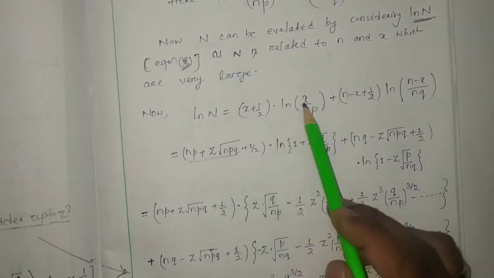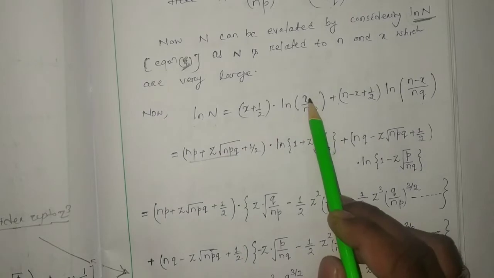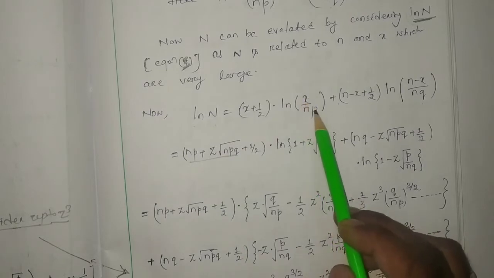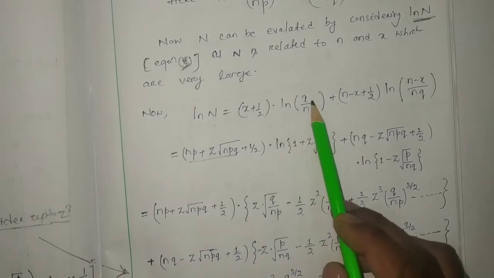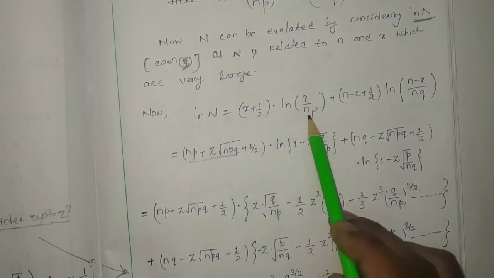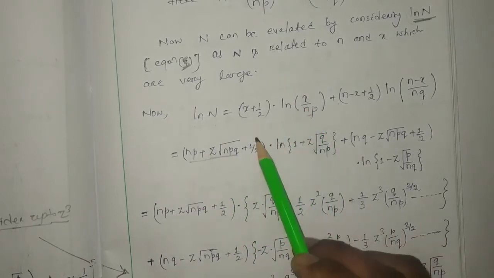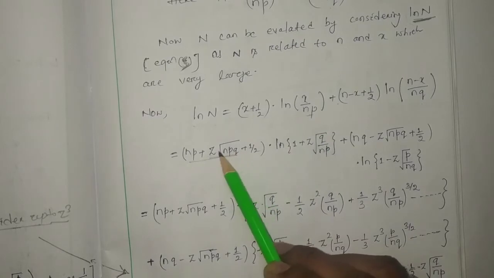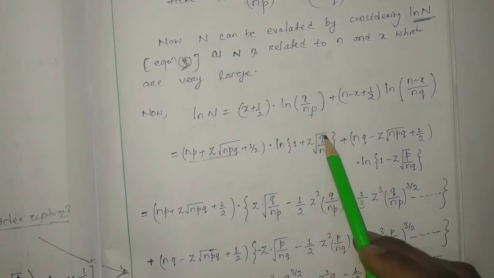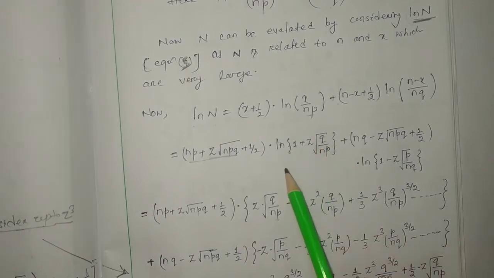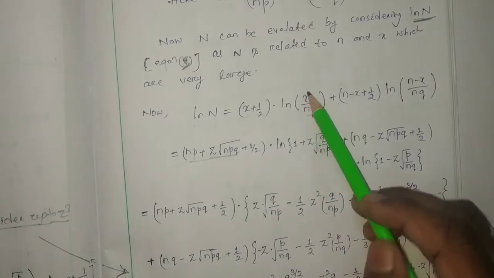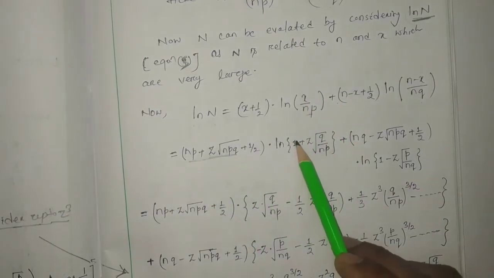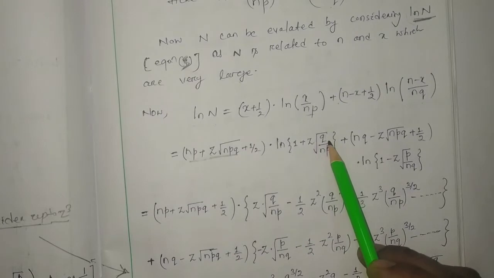Divided by np, np gets cancelled and we get 1, and this value divided by np, that is root npq by np, is nothing but root q by np, z into root q by np. So by substituting the x value we found ln of 1 plus z into root over of q by np.